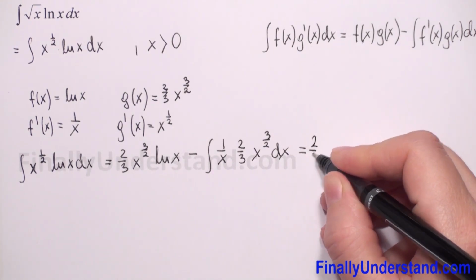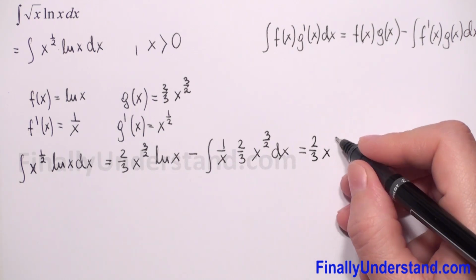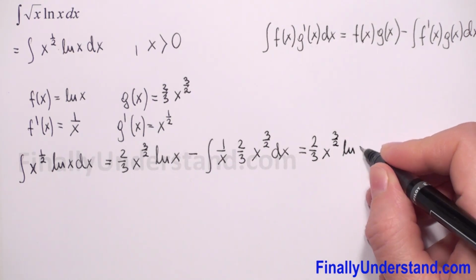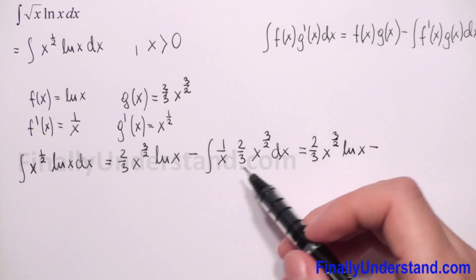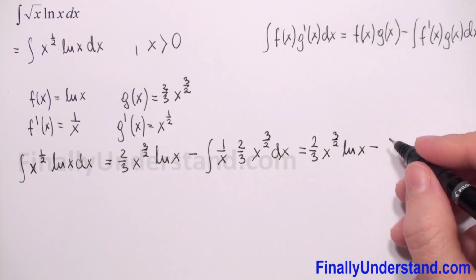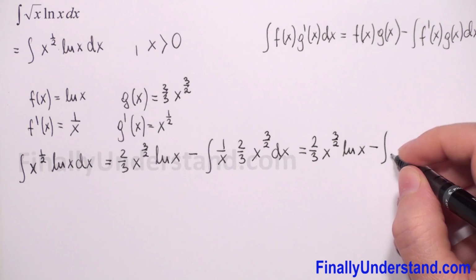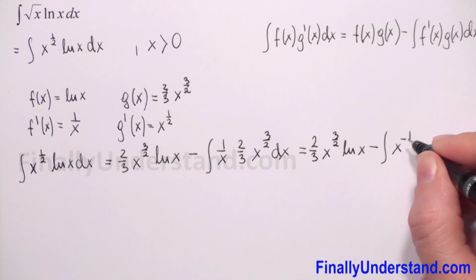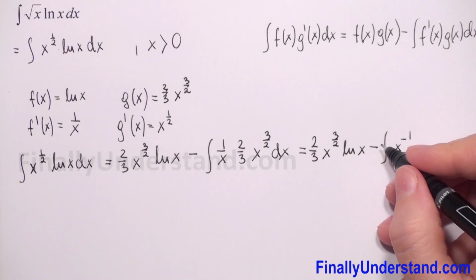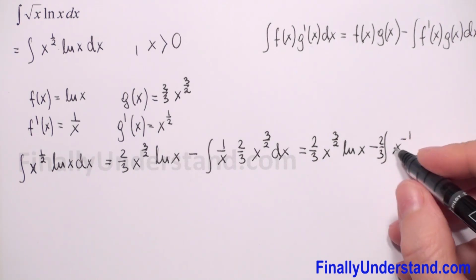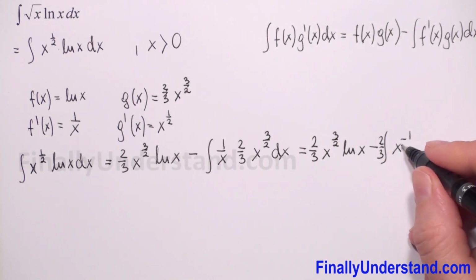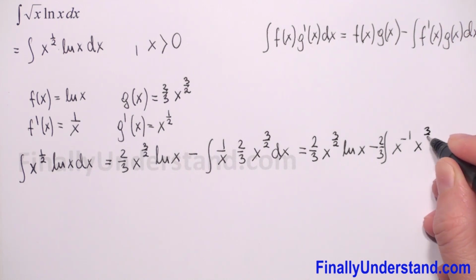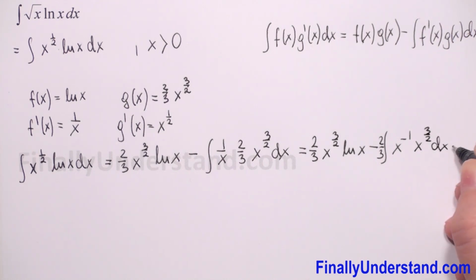We have 2/3 x to the power 3/2 natural logarithm of x minus, and now we will change 1/x to negative power, so it will be x to -1, and the constant I will put before the integral symbol. So we have x to -1 times x to the power 3/2 with respect to x.